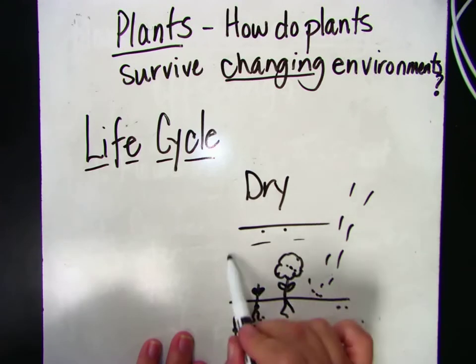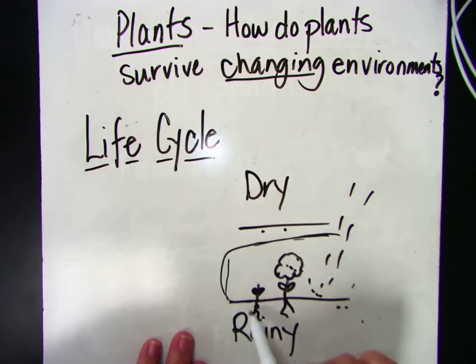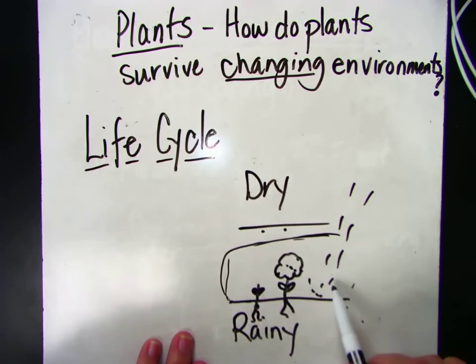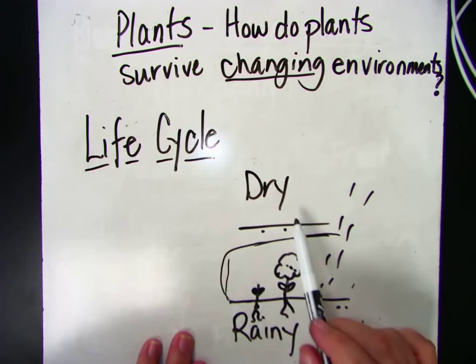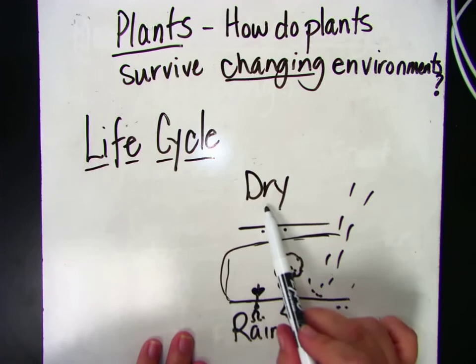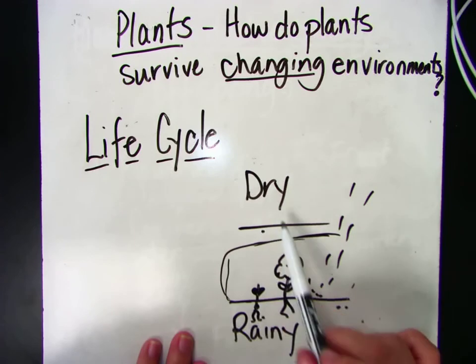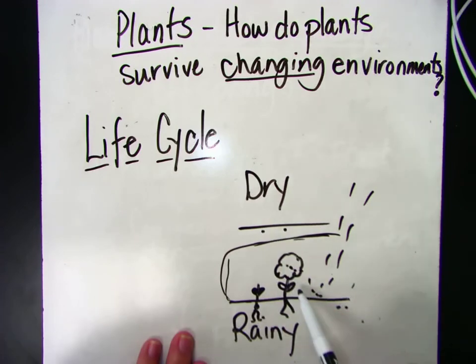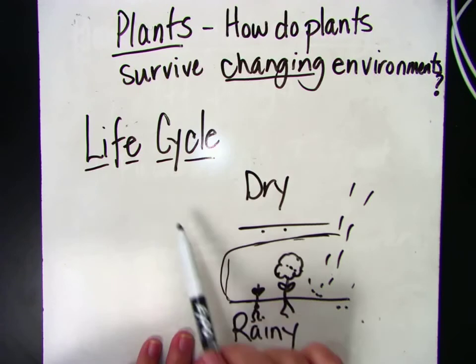And all of this will happen within a very, very short period of time, sometimes even 2 to 3 weeks. You'll have a plant going through its whole life cycle in a very short time, because the rainy season sometimes is only a couple of weeks. And then for the rest of the year, the rain does not fall and it goes back into the dry season. So the life cycle will be accelerated in those types of environments.